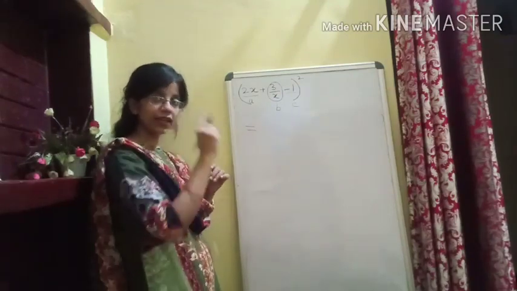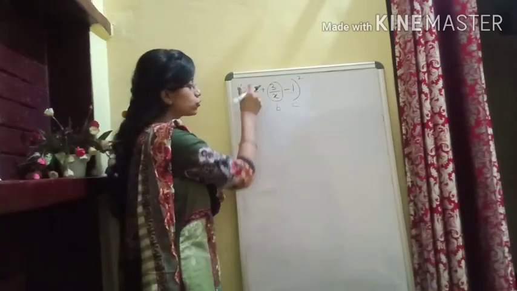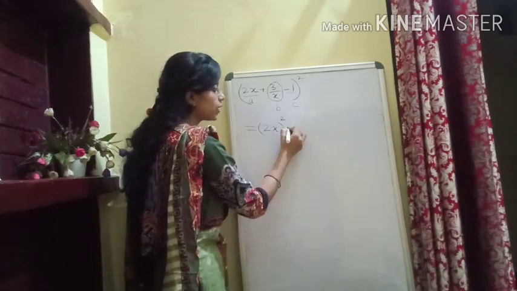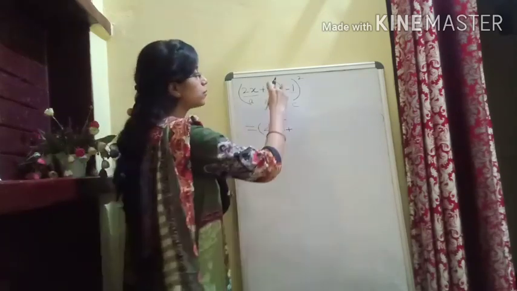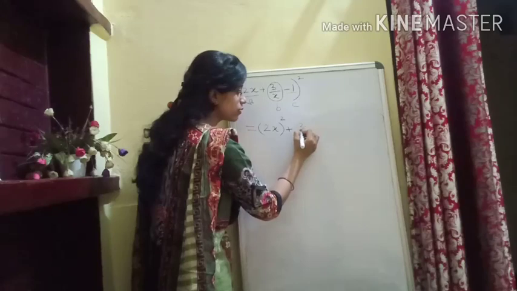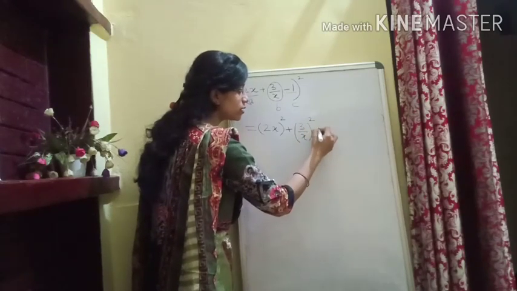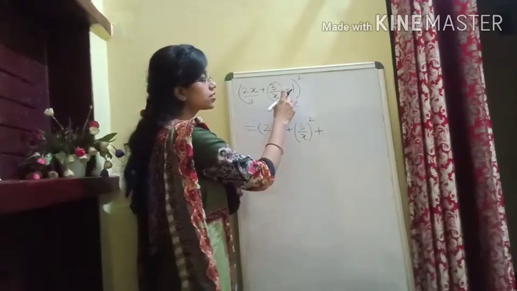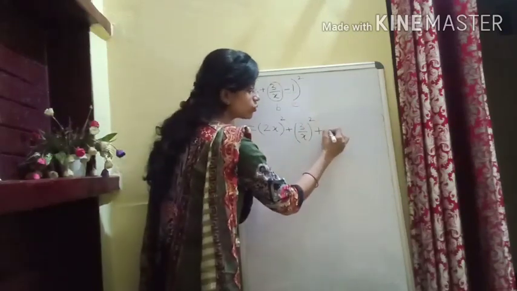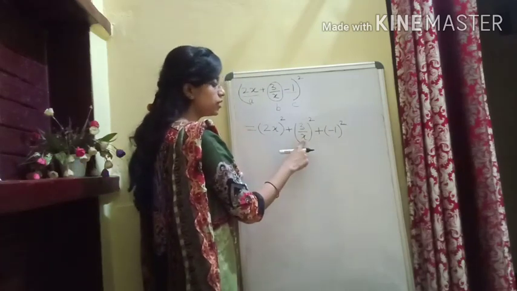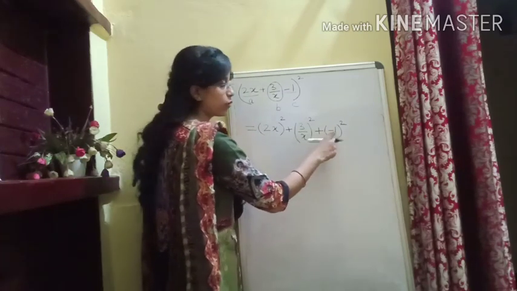So according to the identity, if I am going to write the expansion, what is the first term? a square. What is our a? 2x, and the square of it, plus b square. What is our b? 3 upon x, b square, plus c square. What is our c? Minus 1, and the square of it.